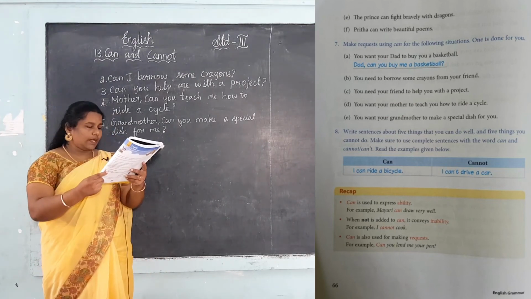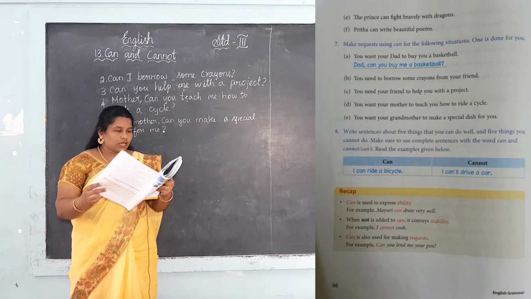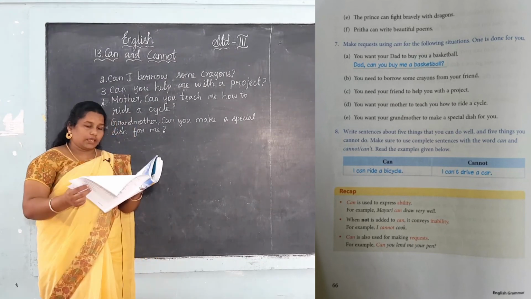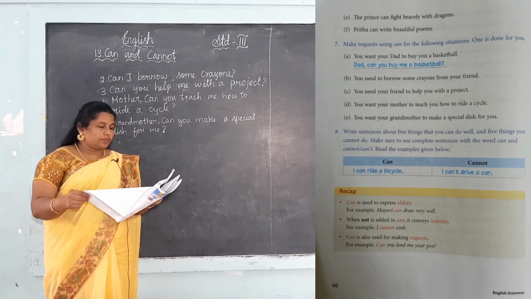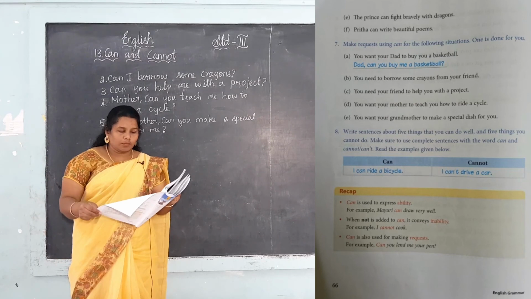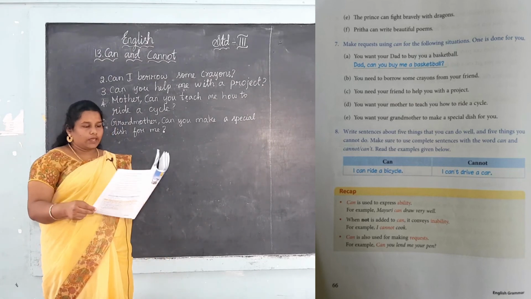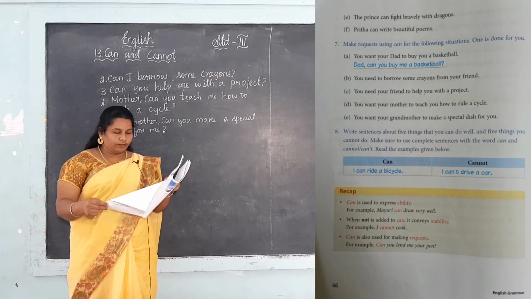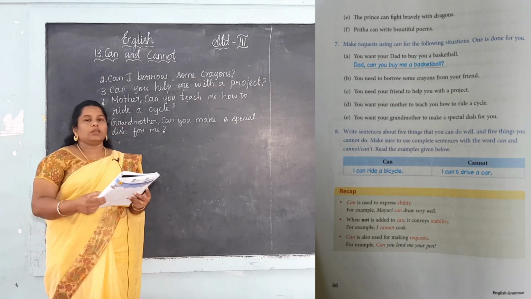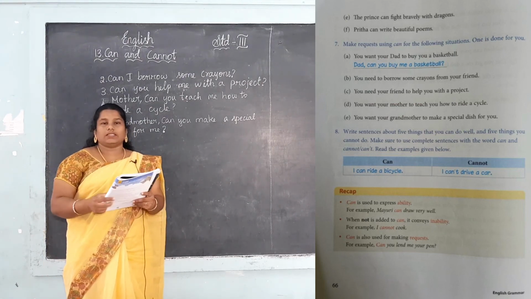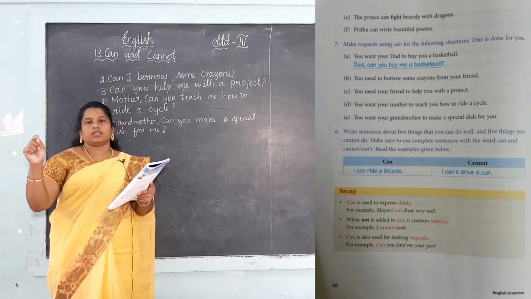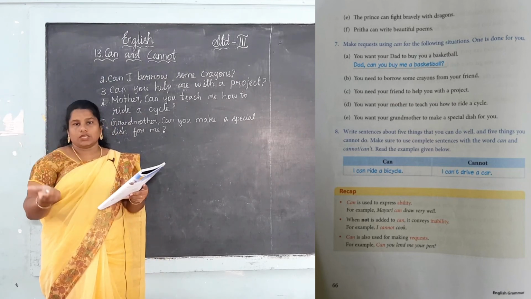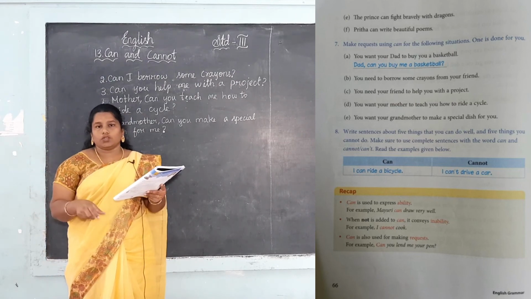Okay students, now what are all the homeworks I have given you? Yes, page number 64, the 3rd Roman letter. Next is 65, the 4th and 5th Roman letter, the 6th remaining, and the 8th Roman letter. These are very easy. You just cut down the can and change it into cannot, like that only you are going to do.